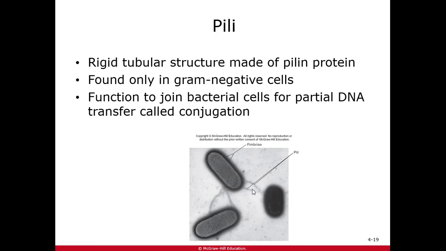For bacteria, that's great. If bacteria are talking to each other, exchanging information, if one bacteria has figured out how to be resistant to a certain type of antibiotic, it can tell another bacteria how to do that by sharing DNA, sharing genes that code for resistance to certain antibiotics.